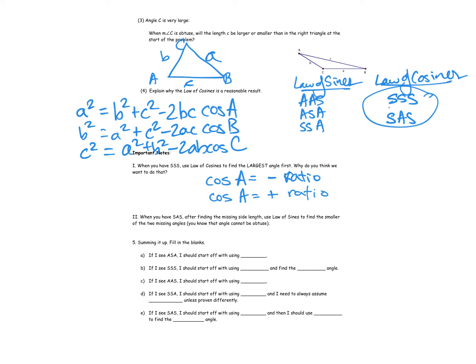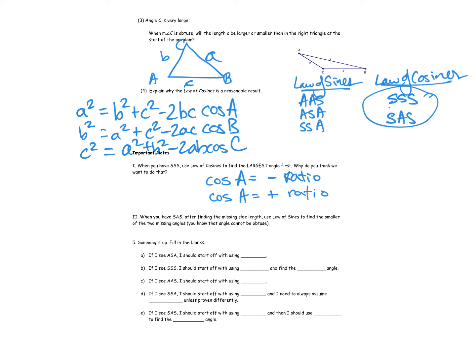How do I know which angle is largest? It's always going to be opposite the longest length. Once you find that, then I'm going to use law of sines to find the other missing pieces. If I have SAS, I'm going to first find the missing side length, and then use the law of sines to find the smaller of the two remaining angles.